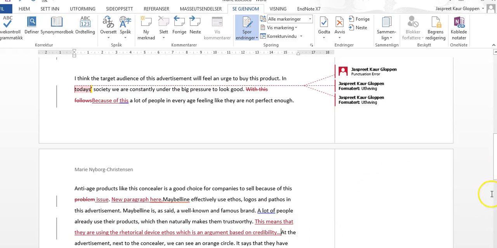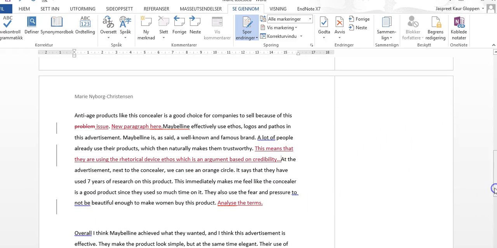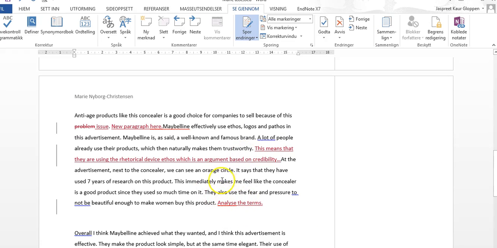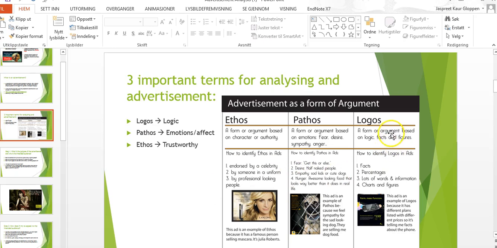Okay, in the same way, when you say they are using 7 years of research, they also say, of course, 3 patents, and then you have to say, this means that they are using the rhetorical device logos, right? Because that is an argument which is based on logic, facts, and figures, as you see in this PowerPoint that we used.